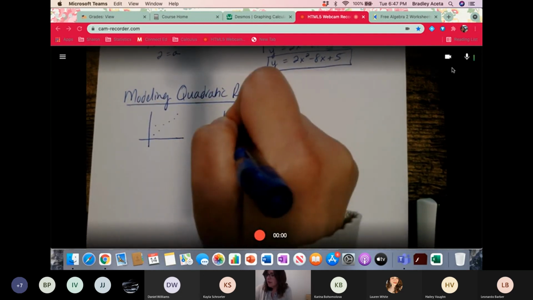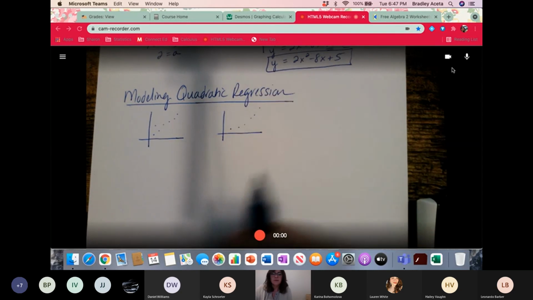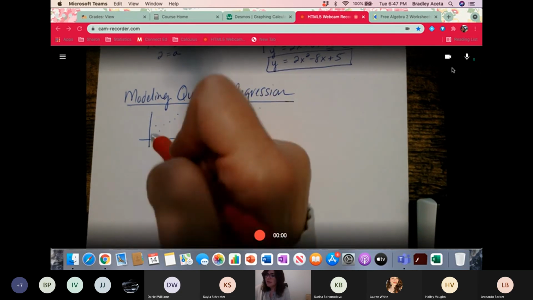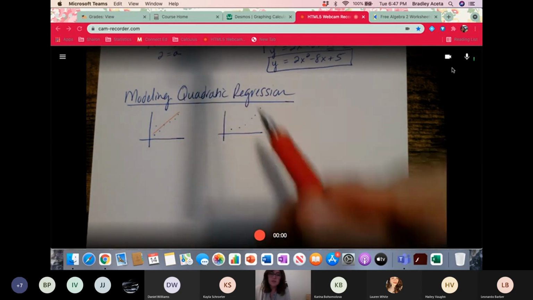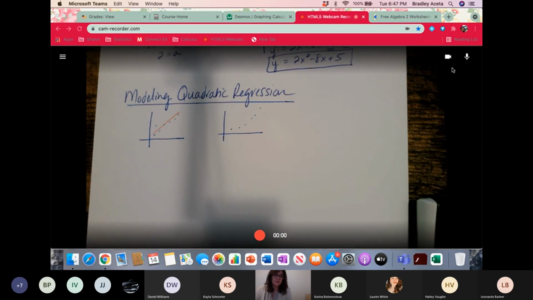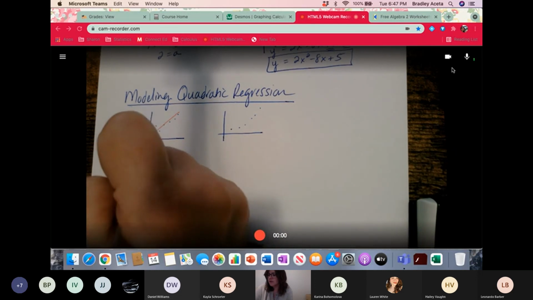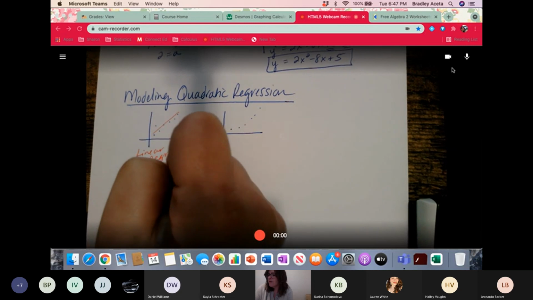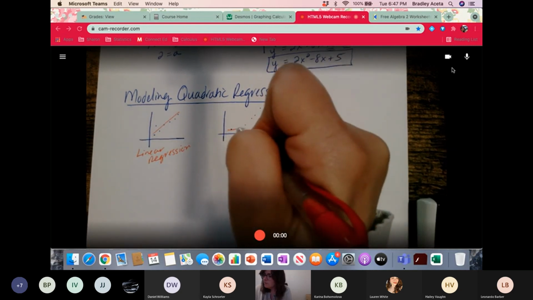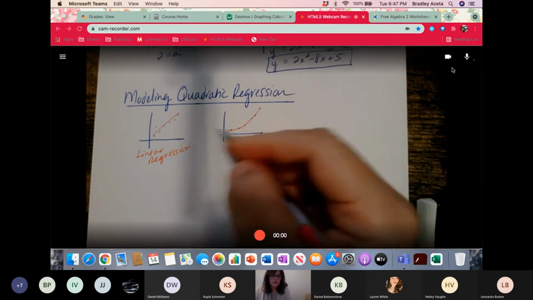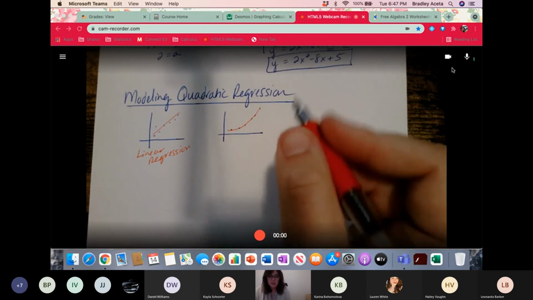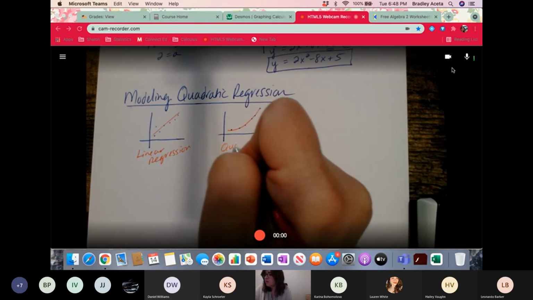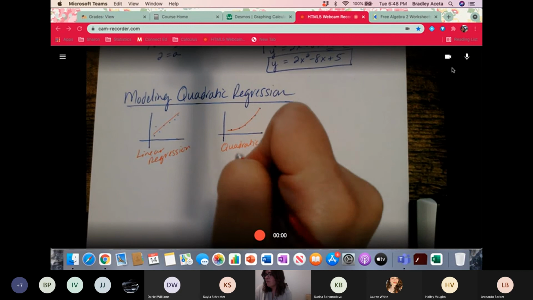You could have a scatter plot go like this. Okay. If it's pretty straight, we usually do a line right through it. And it's a linear regression. That's what we say, linear regression. However, if it kind of starts to curve and it looks like it could be in a parabola shape, it might be a quadratic regression.